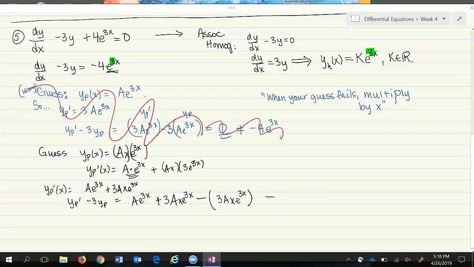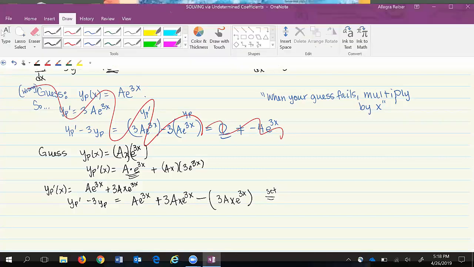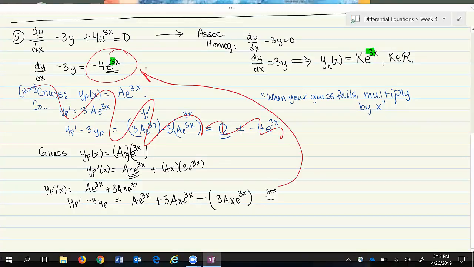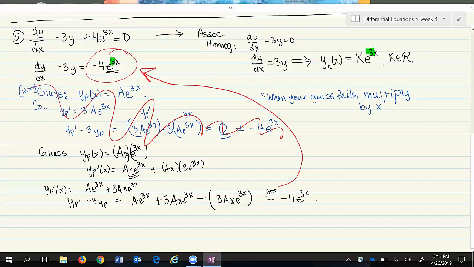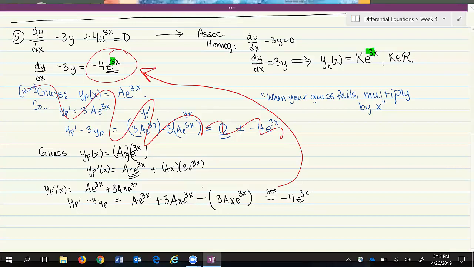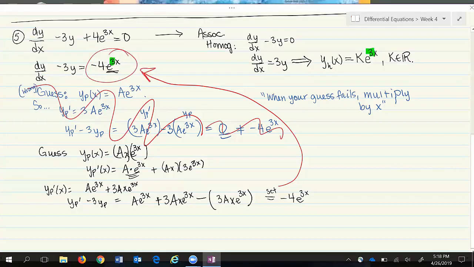Then we want to set it equal to the right-hand side of our original equation. Going back and looking up at the original equation, there was a -4 in front of the e^(3x). Let's combine like terms on the left so it's a little cleaner. You'll notice this was done on purpose, and that's what makes it so beautiful: those terms with the x's in them, the multiples of x times e^(3x), they cancel.